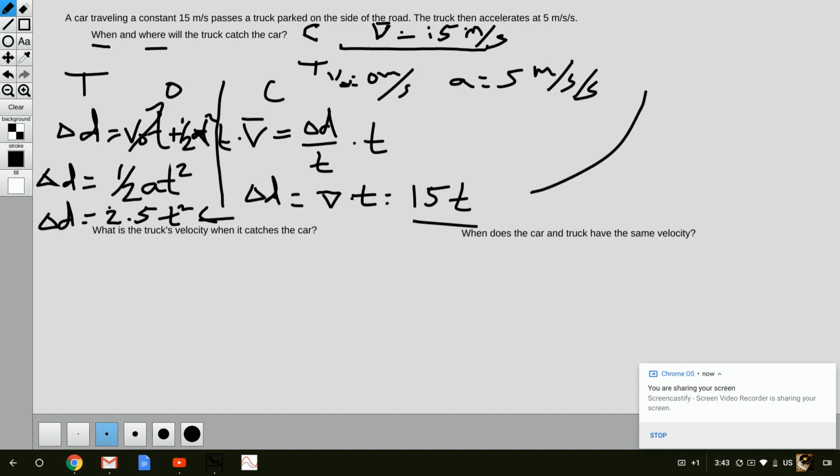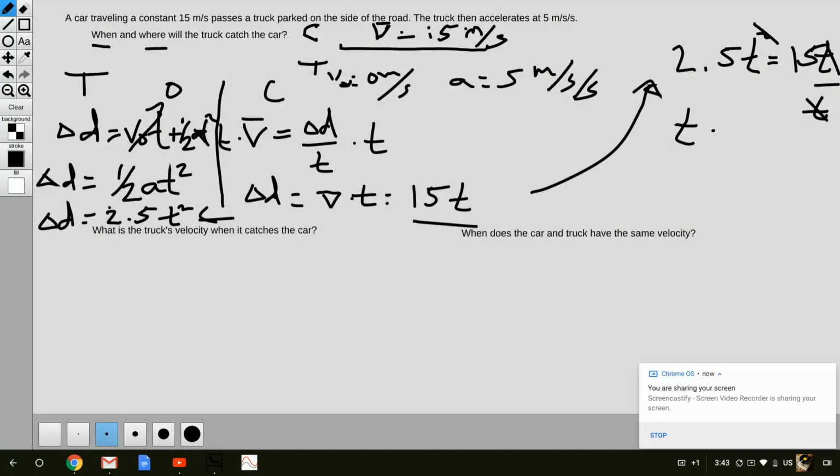So we will come over here and say that 2.5 t squared is equal to 15t. We'll divide each side by t to get rid of those t's, and so now we have 2.5t equals 15.